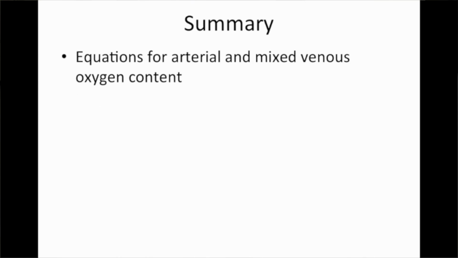So to summarize some of the important, exciting points in this video, if you turn to the slide, you'll see that equations for arterial and mixed venous oxygen content were described and discussed. We use those to discuss the equation for AVDO2, the difference between arterial and mixed venous oxygen content.